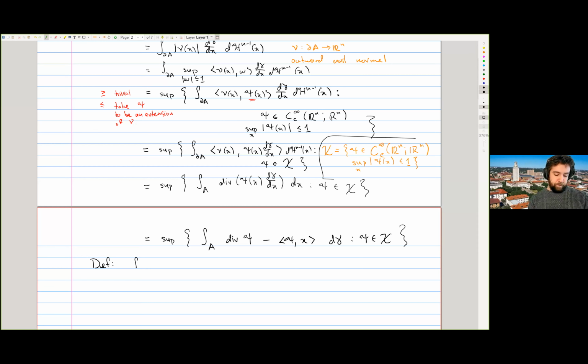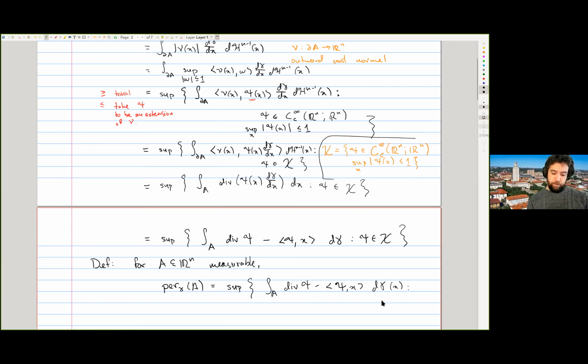For any measurable set A, the Gaussian perimeter of that set is defined by what I just wrote above. The supremum over all smooth compactly supported vector fields of the integral on the set of the divergence minus the inner product with the position, d gamma of x.